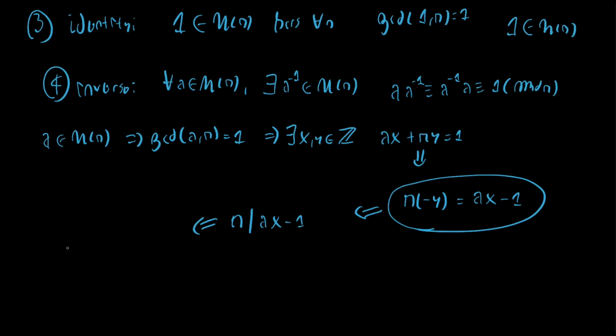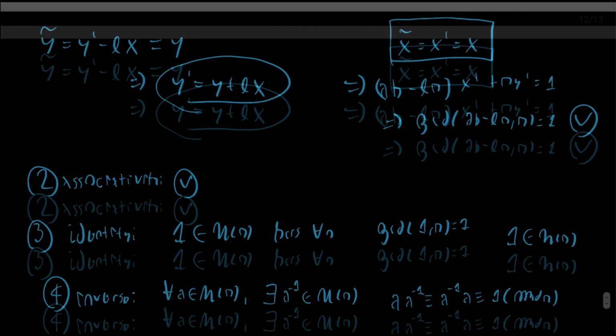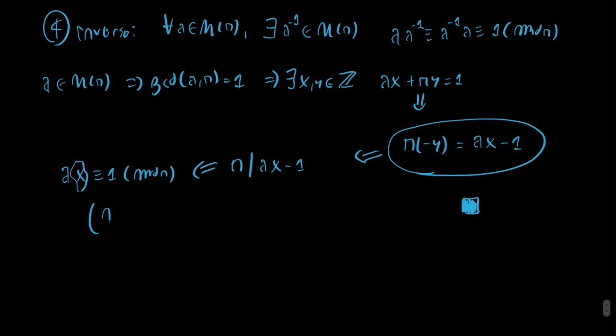That means that ax is congruent to 1 mod n. So we found our inverse, it is x. And so with this we have concluded our proof that U(n) with multiplication mod n is a group.